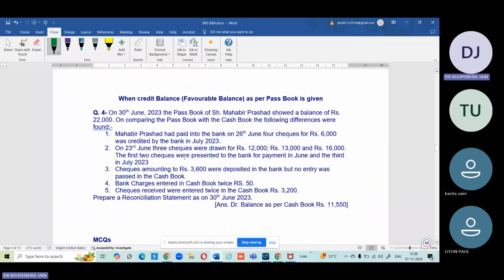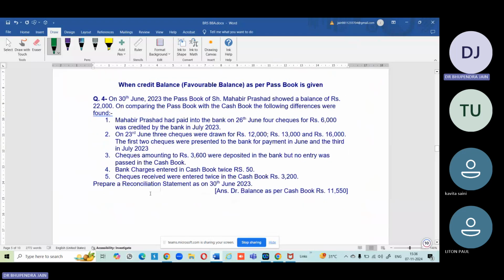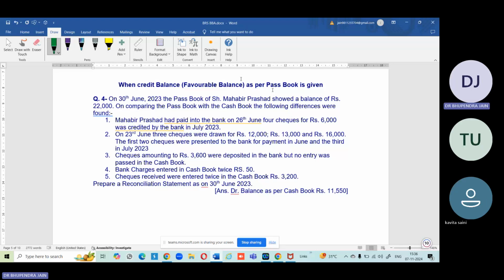Now one more question, then we will discuss some multiple choice questions. When a credit or favorable balance is given as per the passbook, if your bank balance in your cash book is positive, then this balance will be negative in the bank, because your deposit in the bank is a liability for the bank.